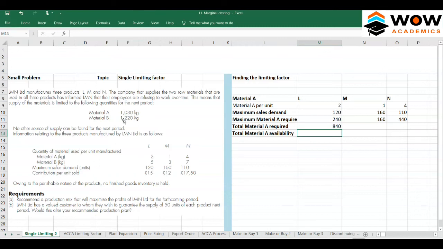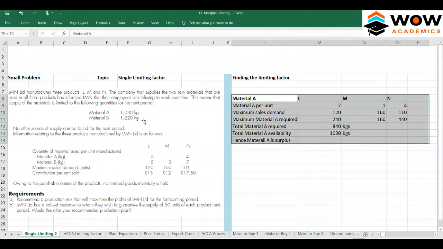It's 1030 available, in kgs. So you can see that required is 840 and available is 1030. Hence material A is in surplus availability.